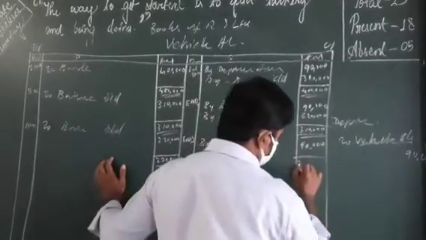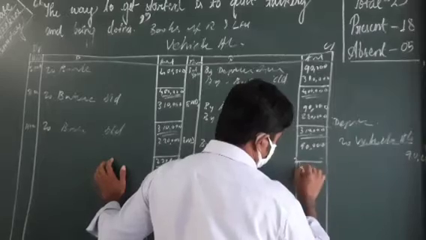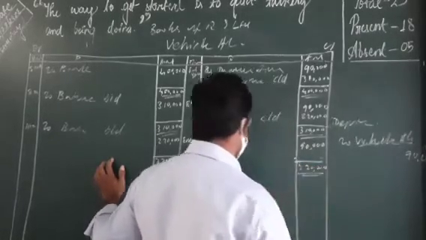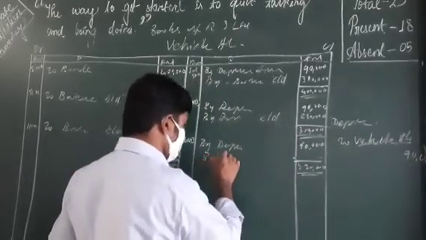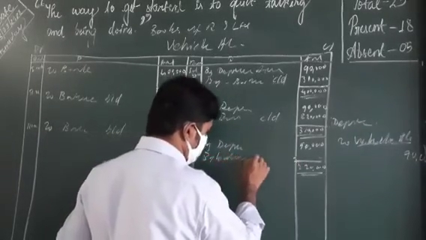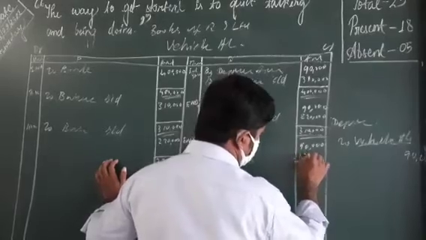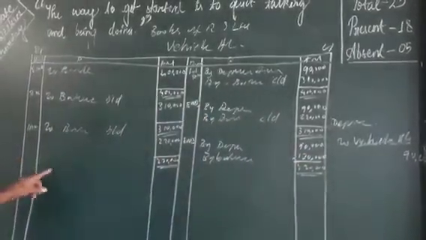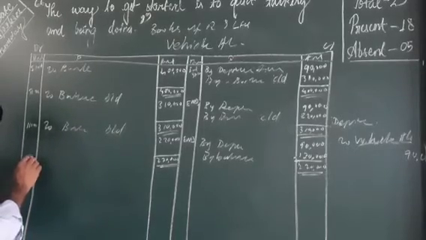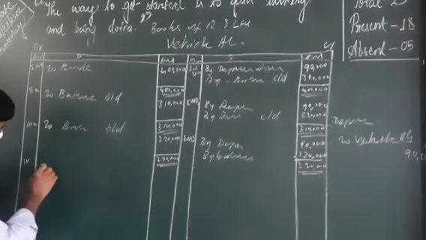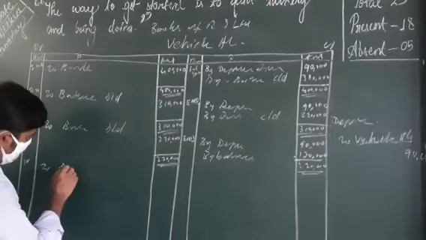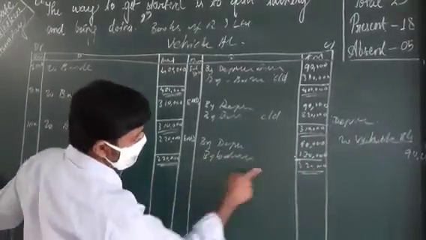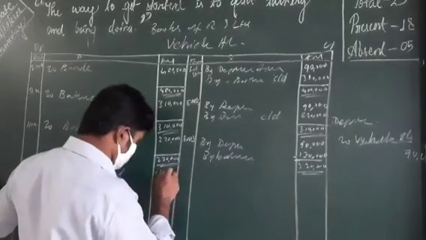That is why we mention both sides 2,20,000. The difference amount, by balance, 1,30,000. And fourth year beginning, okay, to balance brought down. Which amount? This amount, 1,30,000.